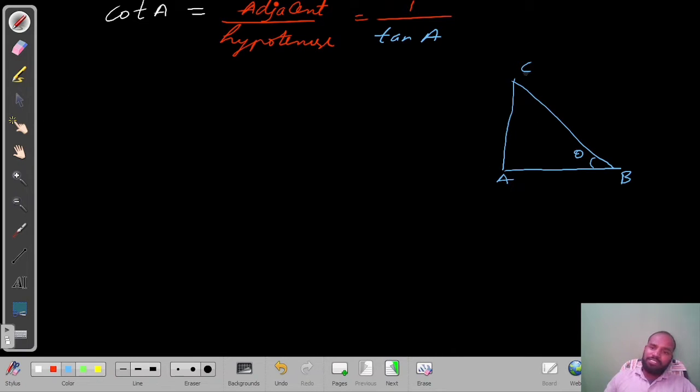Now suppose this A is 6 centimeters, B is 3 centimeters, and what about this AB, question mark. So very simple. Whenever you are given two sides' values, you have to find the third side value. Yes or no? How to find the third side value?